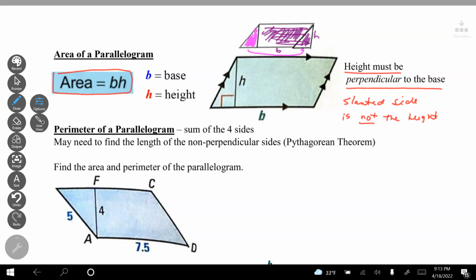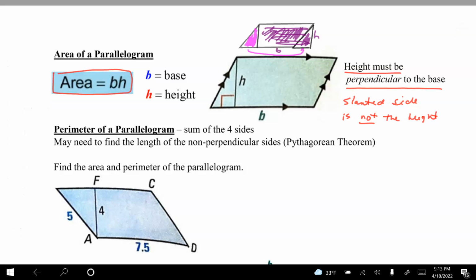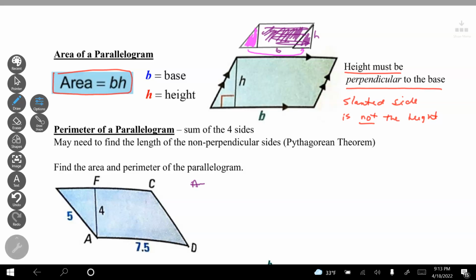Perimeter, I just got to add up the four sides, and if I don't know the other sides, I might have to use the Pythagorean theorem or distance formula, whatever you want to call it, to figure out the non-perpendicular sides. So for this example, my area is base times height. My base is 7.5. My height is 4, so the area is 30.